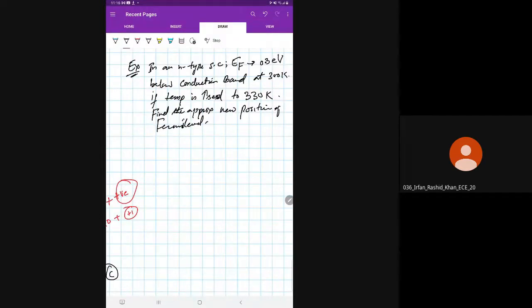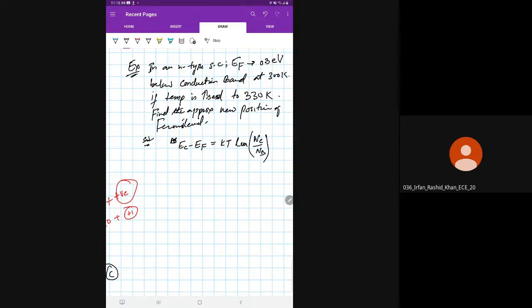Now see, in an N-type semiconductor, we know that EC minus EF is equal to kT ln of NC by ND. This is the equation.